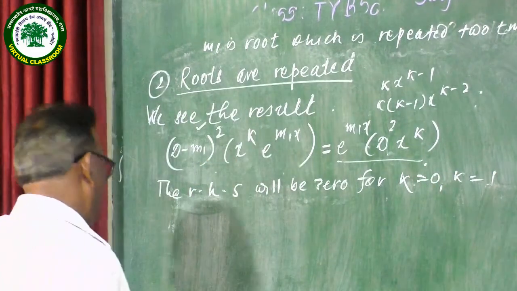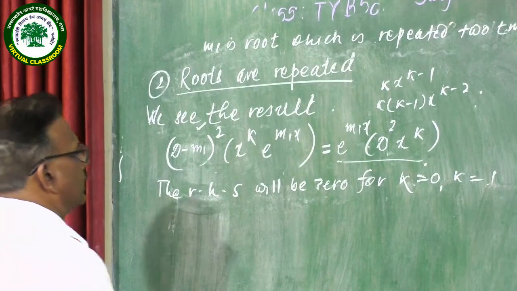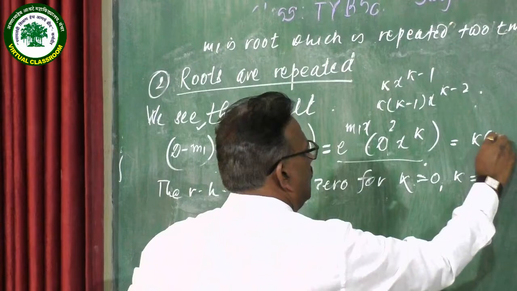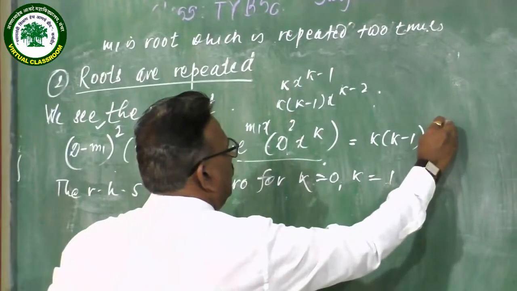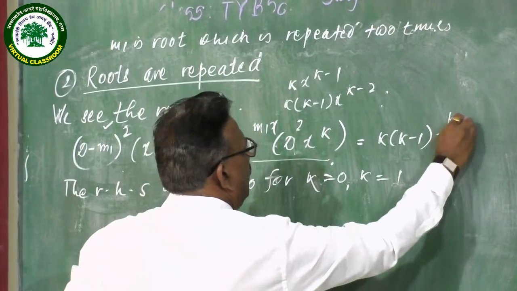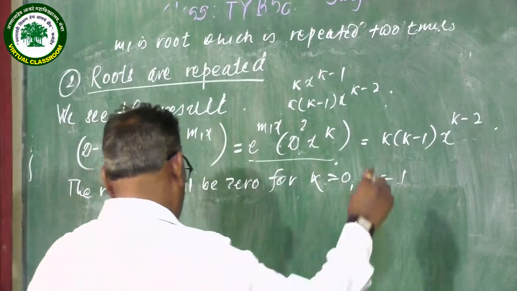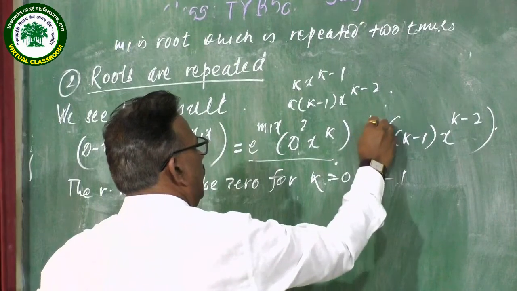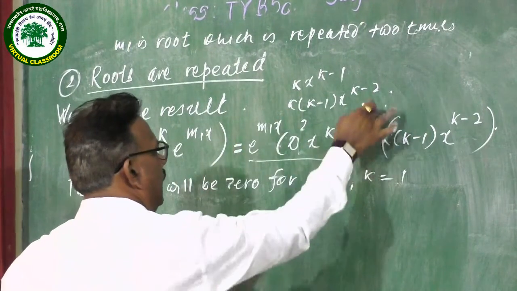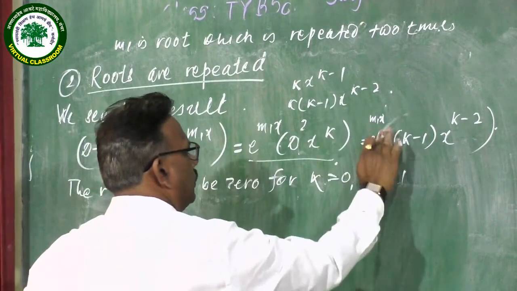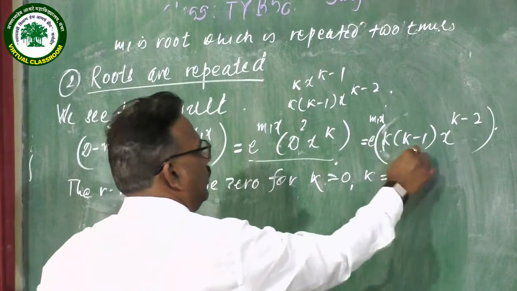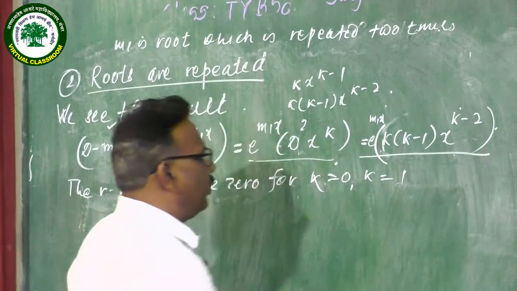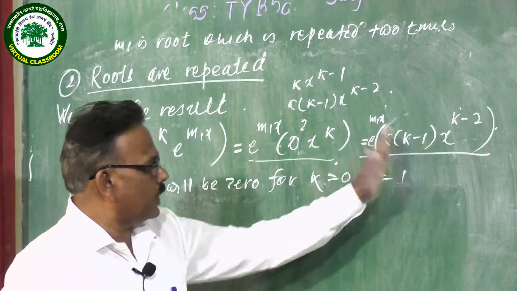It is equal to 0 for these values, because k(k−1) x^(k−2) e^(m1 x) remains, with e^(m1 x) as it is, and the second derivative k(k−1) x^(k−2) becomes 0 when you substitute k equal to 0.